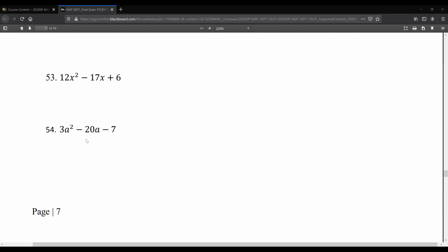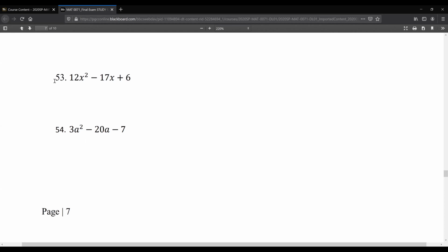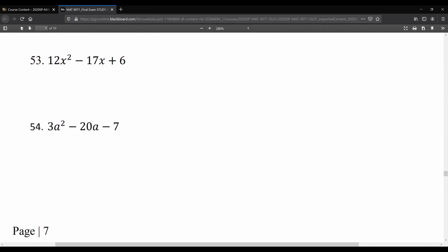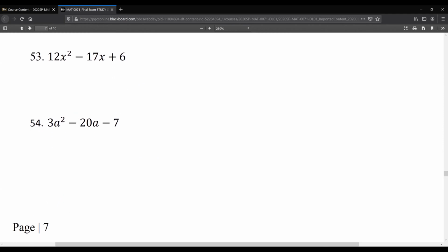One of the things we said is that when they don't have a greatest common factor, you still have to do the same thing, and that is looking for the product and the sum. But the product and the sum is going to be a little different: you have to multiply two terms. So if you look at number 53, you still have to look at the product and the sum. So what's the product?